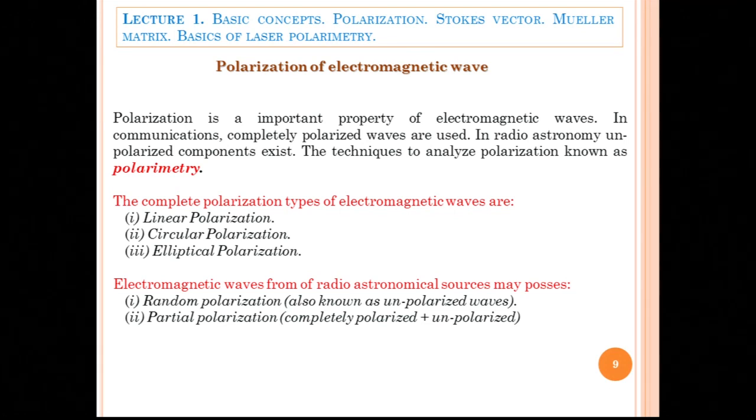It's a sum or a mixture of completely polarized and completely unpolarized radiation. So it's a very complex situation, so we are not talking about it. In this lecture, we will deal with classical complete polarization types.